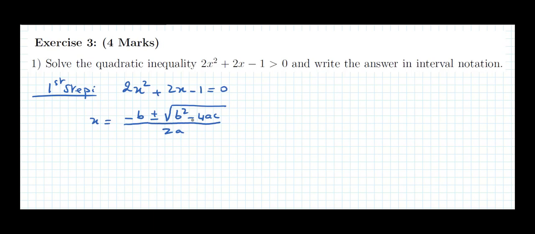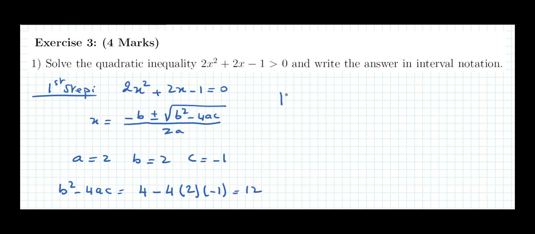So let's start by computing the discriminant, which is b squared minus 4ac, and see what happens. Here a equals 2, b equals 2, and c equals negative 1. So b squared minus 4ac is equal to 2 squared, which is 4, minus 4 times a times c, which is negative 1, which is equal to 12.